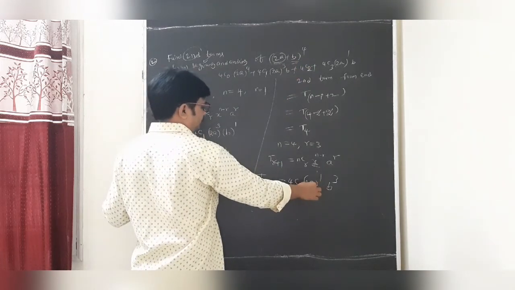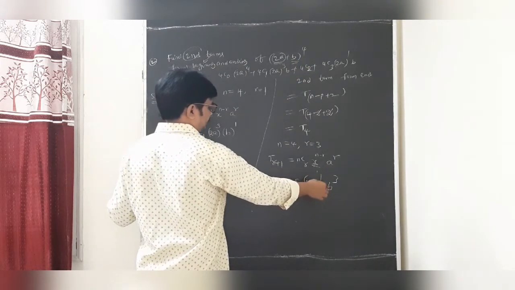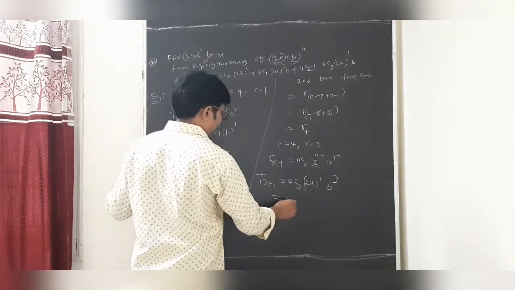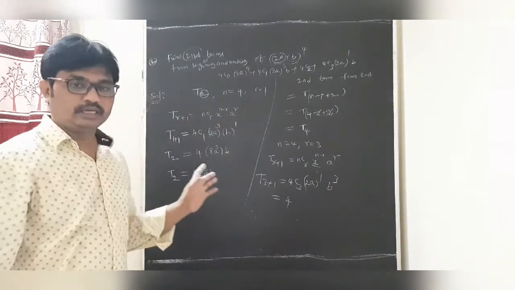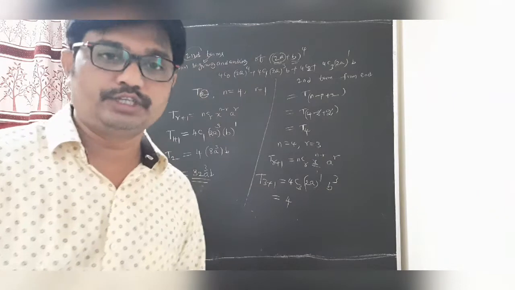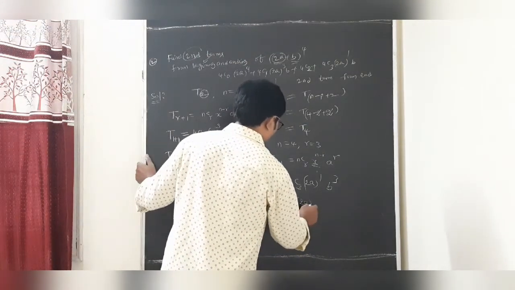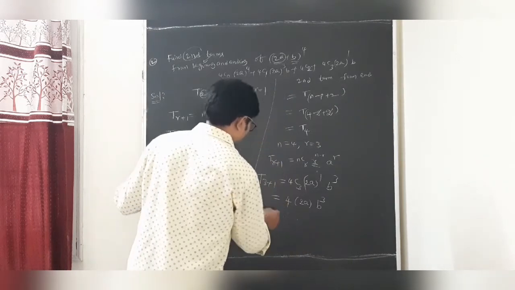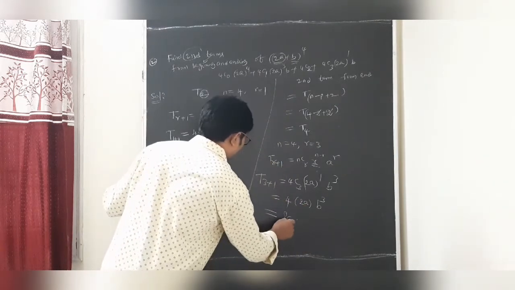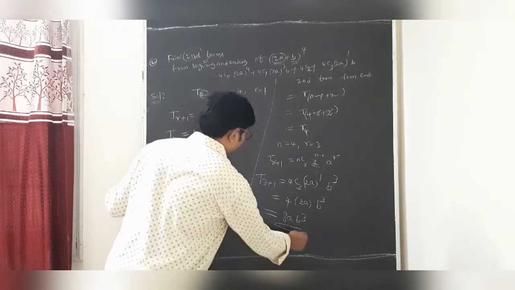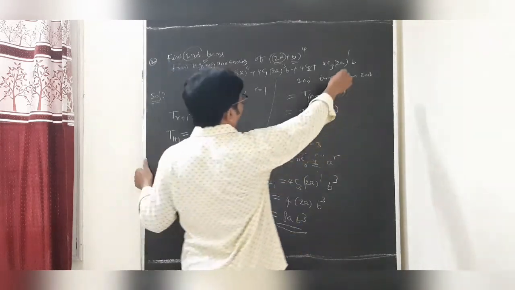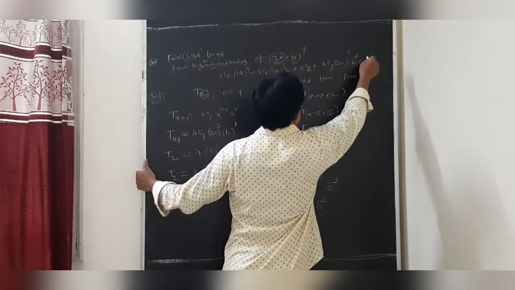Therefore (2a) whole power 4 minus 3, that is 1, b cube. 4C3 is equal to 4C1, that is 4. This is 2a, after that b cube. So 4 twos are 8 into a b cube. Is it clear, students?